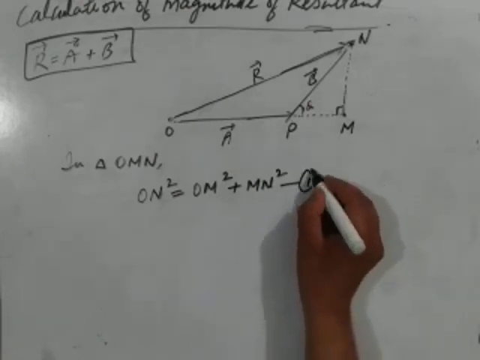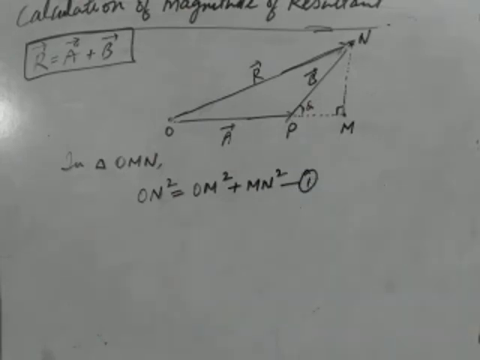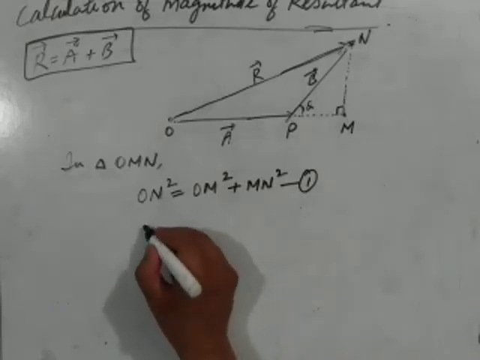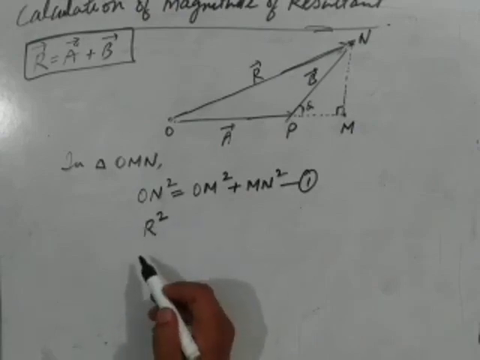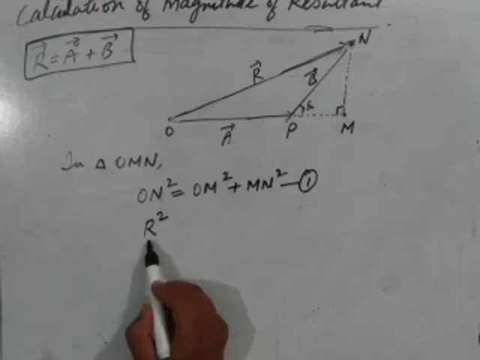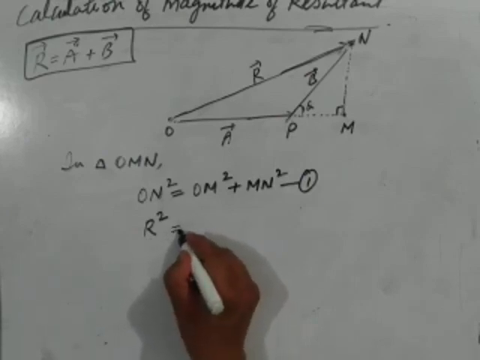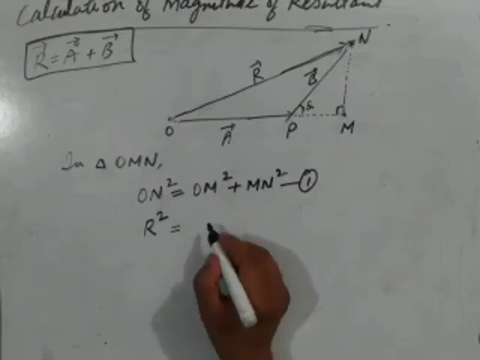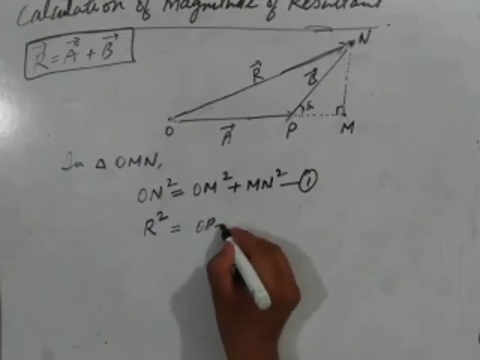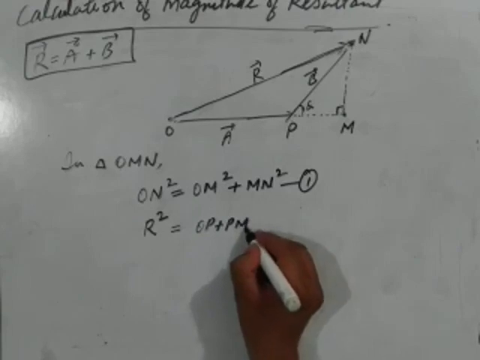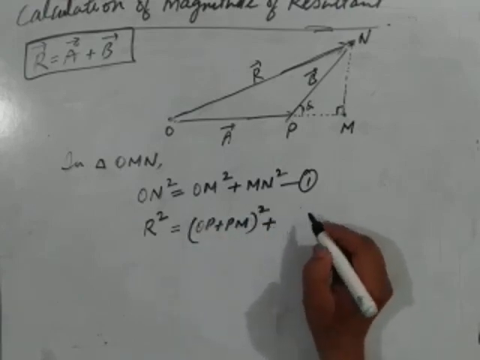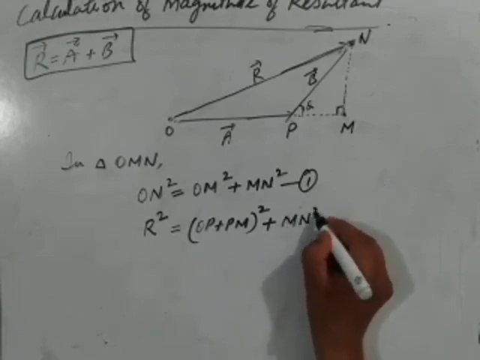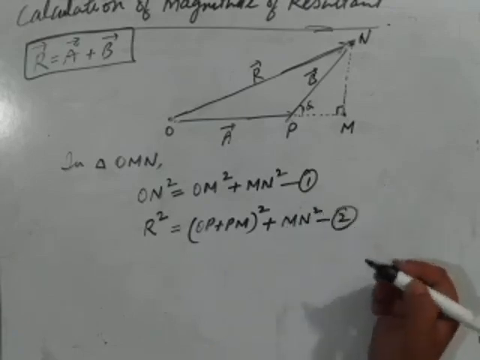This is equation number 1. So if we put the values, R square, we will not put vector sign here, we are taking the magnitude of the quantities. So this is represented as R square is equivalent to OM, so OM is the sum of OP plus PM, whole square plus MN square. This is equation number 2.